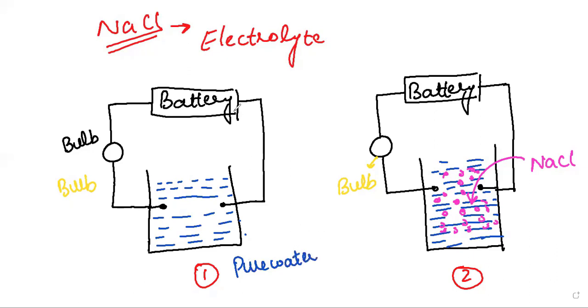So when we turn on the switch and current starts flowing from the battery to this wire, what do you think, should this bulb produce light?